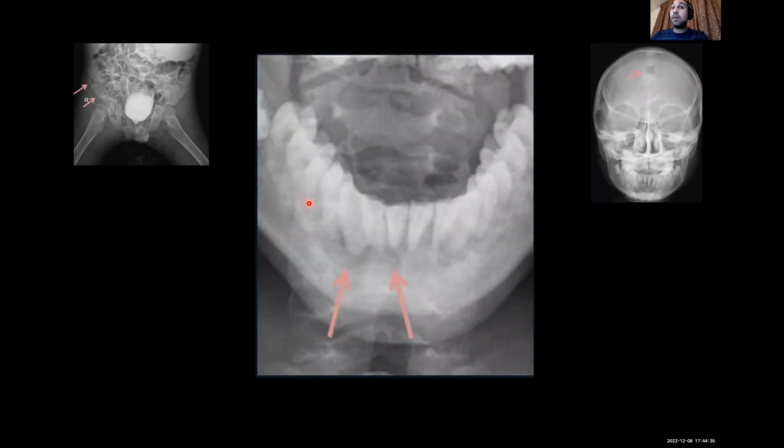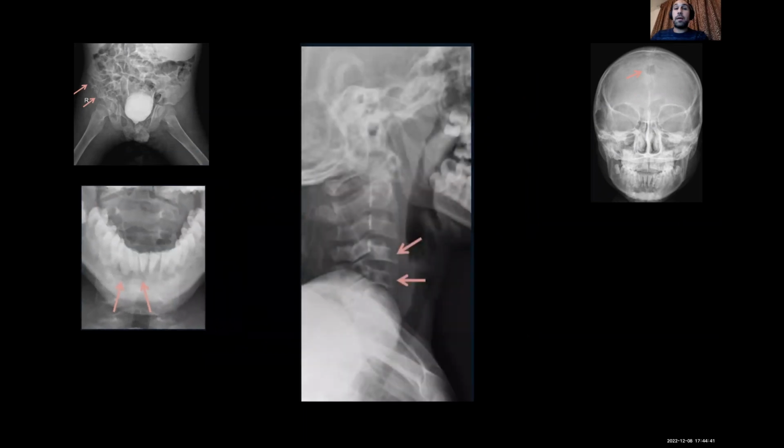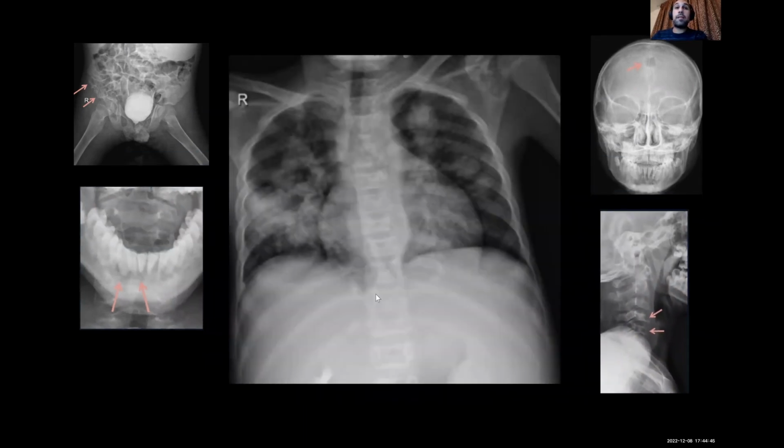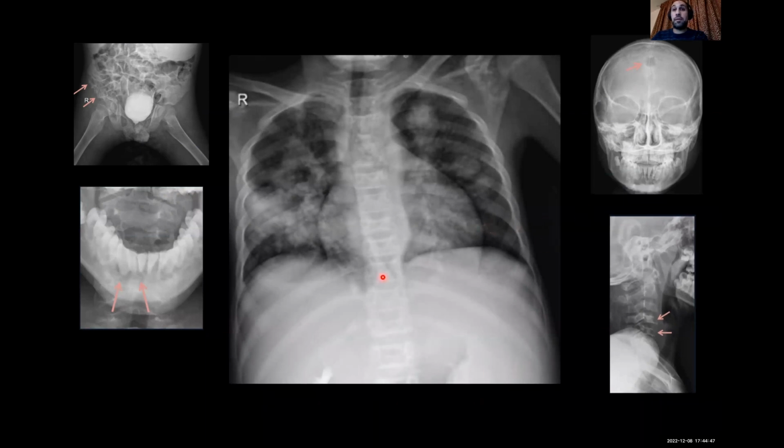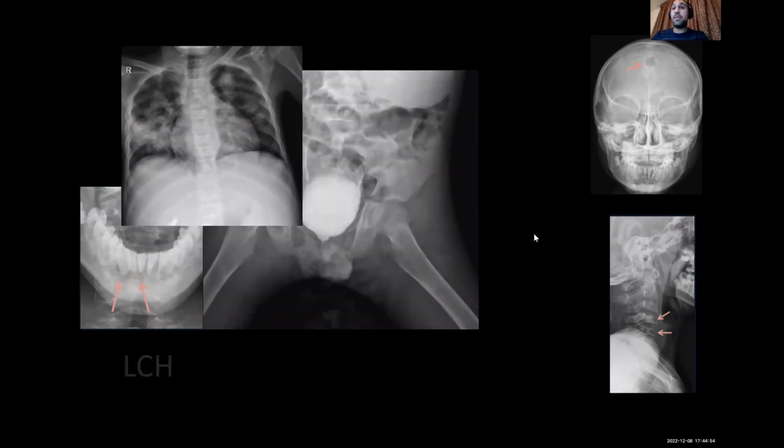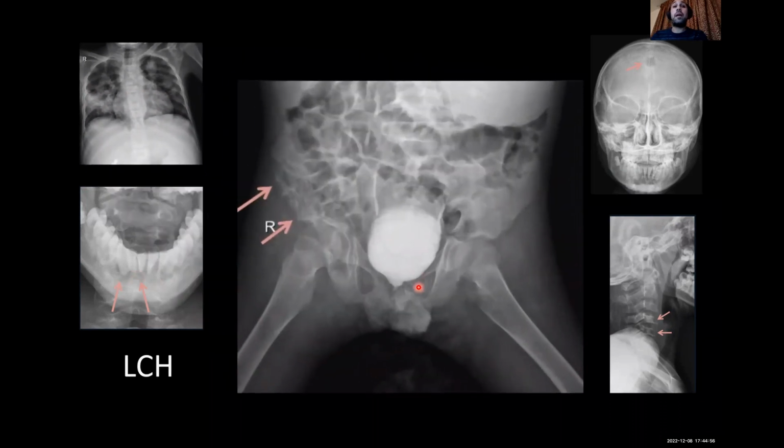Okay, in the mandible, in the vertebra plana, and involvement of the chest. Okay, thank you, floating teeth. Thank you so much. Okay, this is thinning of the alveolar margins and the resorption.